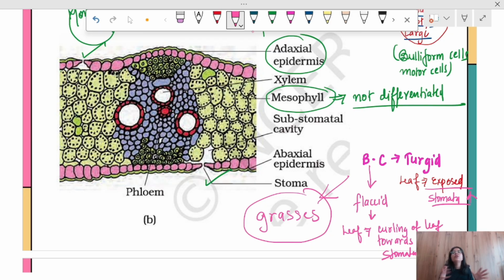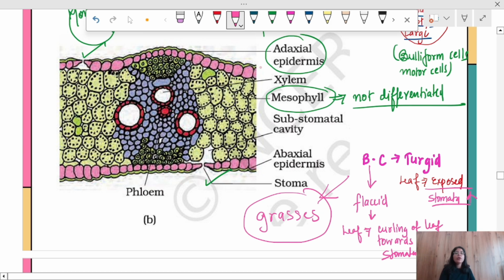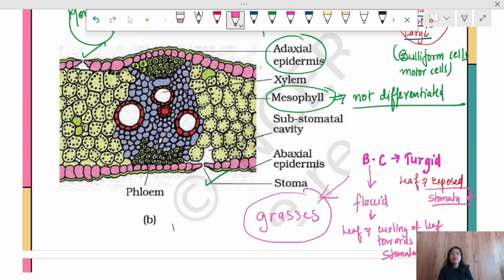They will lose water and allow curling or rolling of the leaf towards the inner side. The surface area of the lamina will be reduced, and as a result, all the stomata will become hidden, and then transpiration will be reduced.